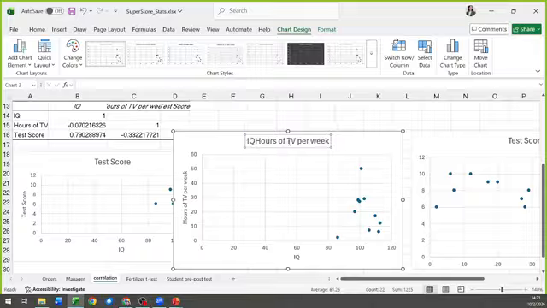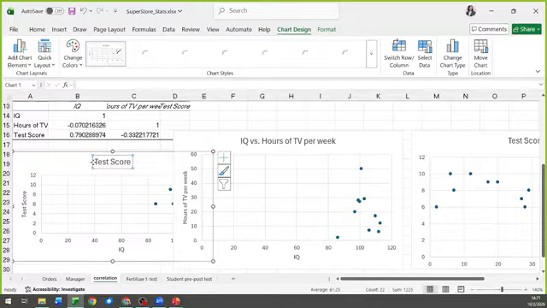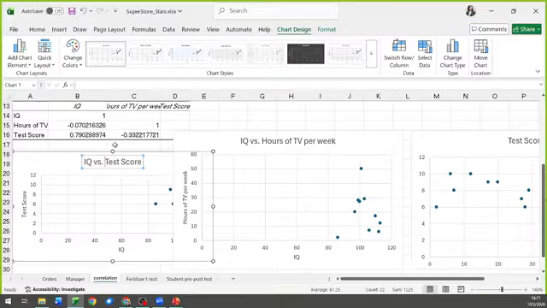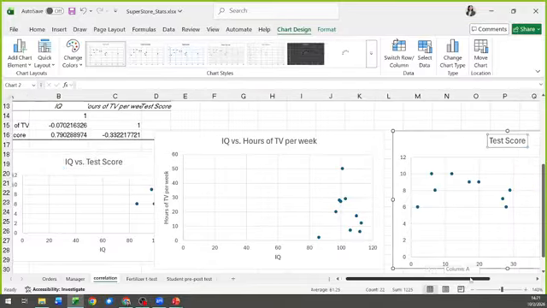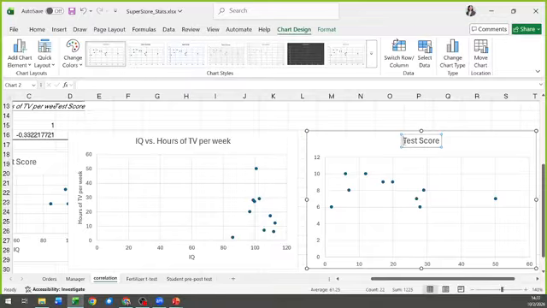So this is IQ versus hours TV per week. This is IQ versus test score, and this is hours TV per week versus test score.